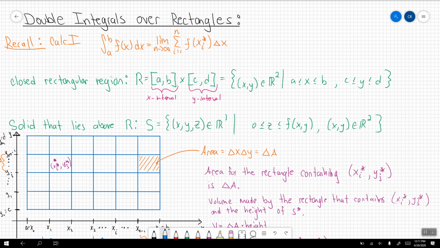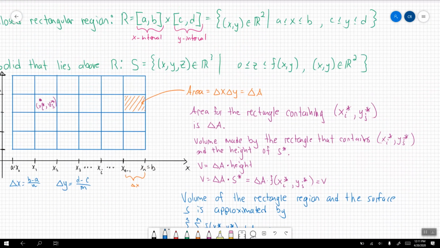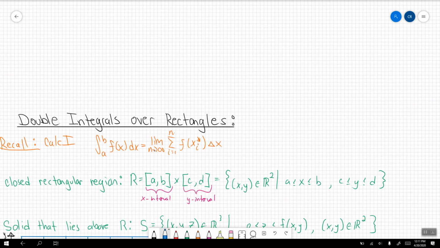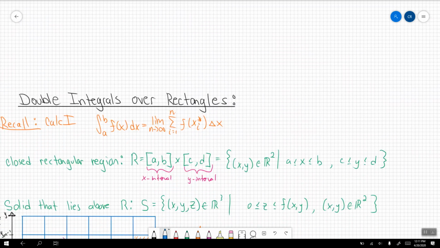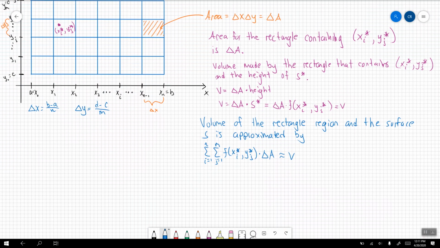We found this double Riemann sum. All we now have to do is take all of these individual n and m values and just subdivide them infinitely. So, can we get a firm exact value? Yeah, the answer is yes.